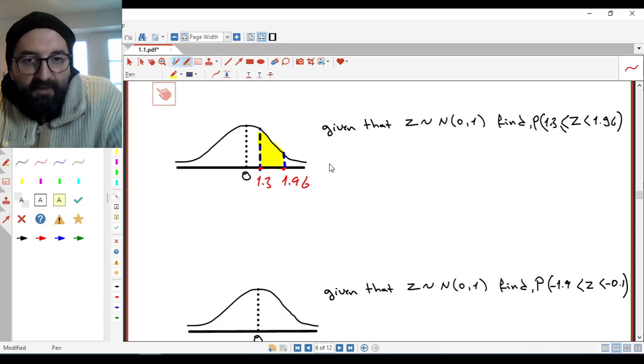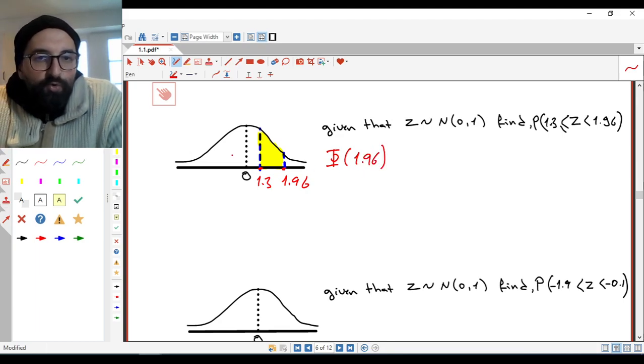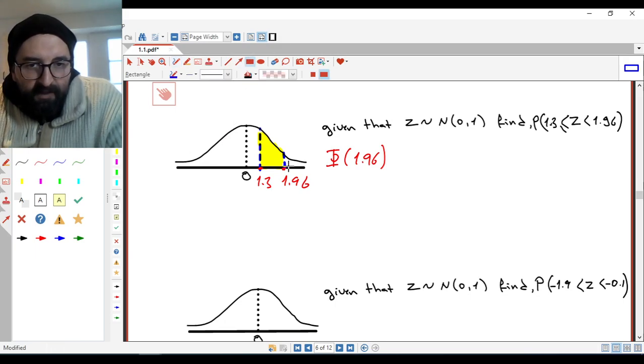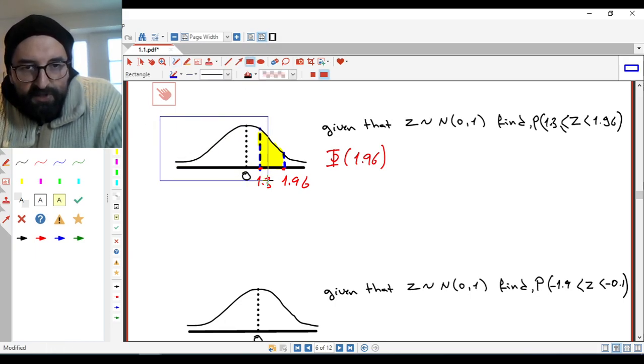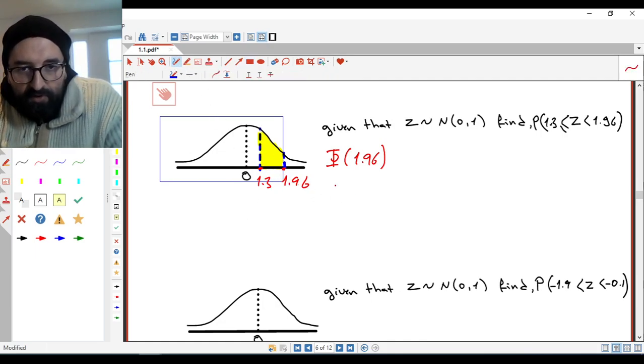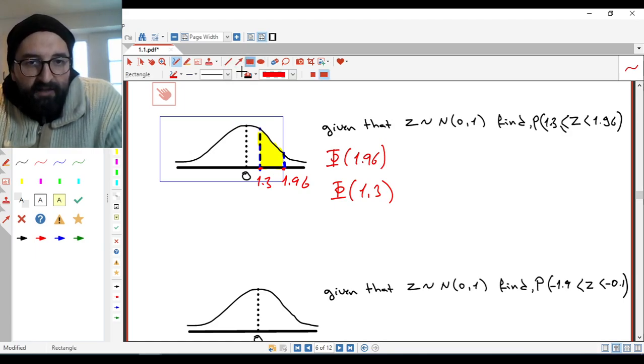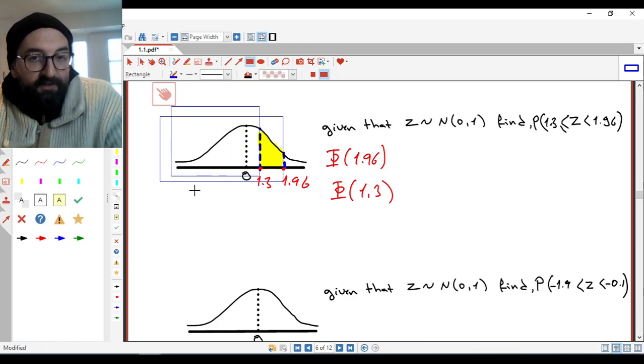Please remember that if you find phi 1.96, you can find the big area which separated by 1.96. And then if you find phi 1.3, you can find the big area which is separated by 1.3.